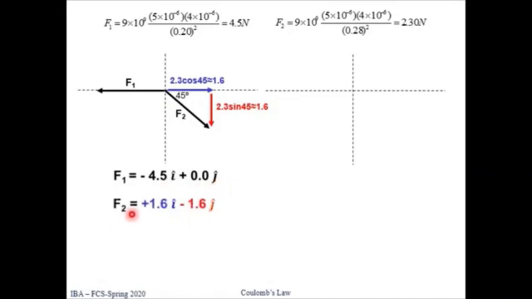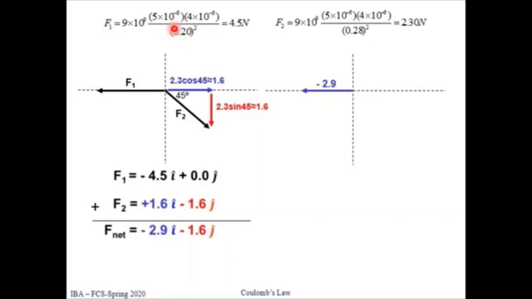And F2 is equal to plus 1.6 i cap minus 1.6 j cap, where the minus sign appears because the vertical component is in the downward direction. Now we need to add both vectors. So the net vector is equal to minus 2.9 i cap minus 1.6 j cap. This is the resultant of the two vectors F1 and F2.